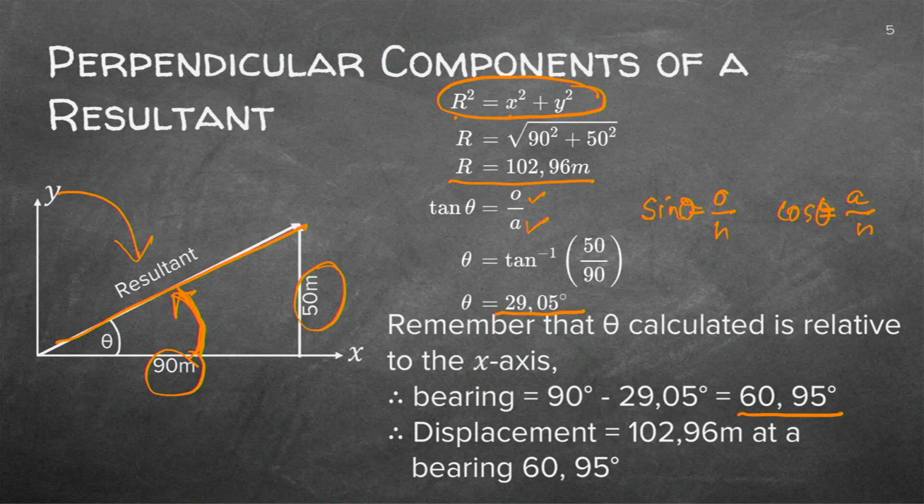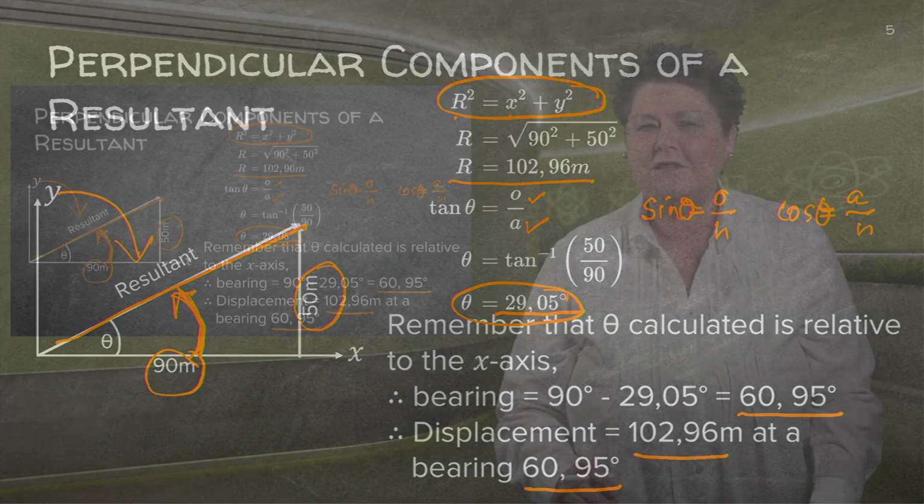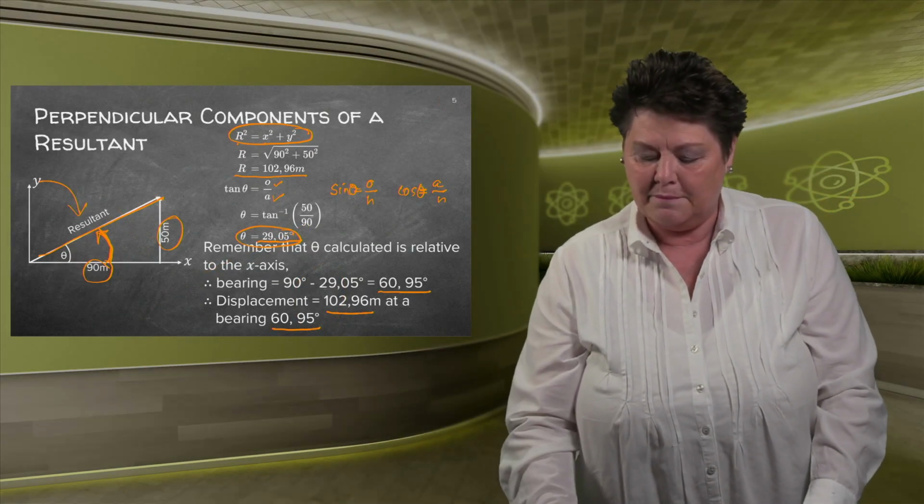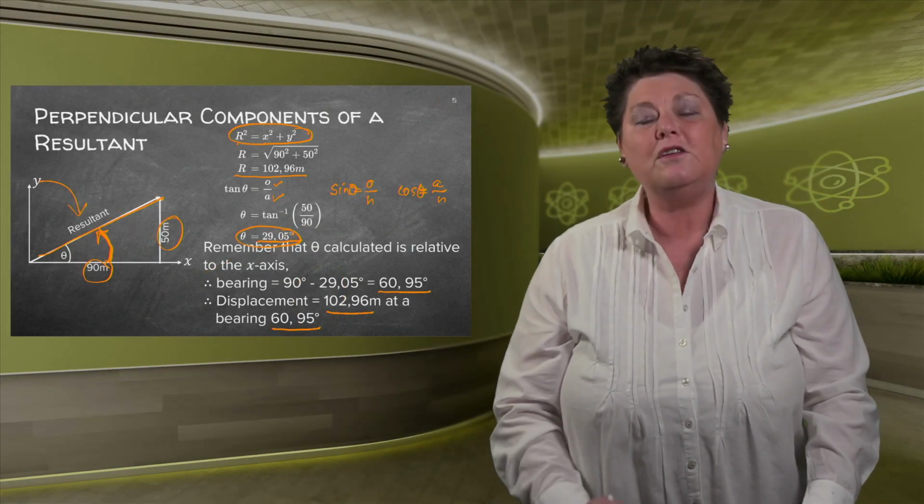Or you could say it is 102.96 meters at that angle, which we calculated as 29.05. Depending on what's your comfort zone, you give your answer, but make sure that you've got a unit, which is in this case the meters, and you've got the angle.